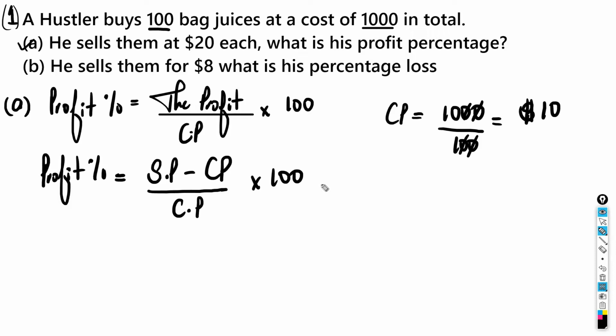So we're going to end up with $20 minus $10, all over the cost price, which is $10.